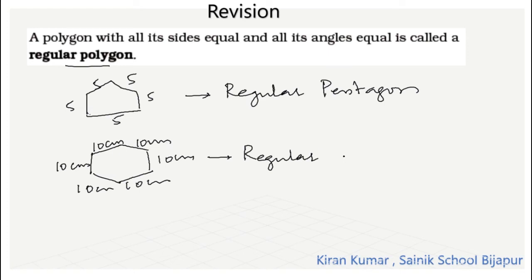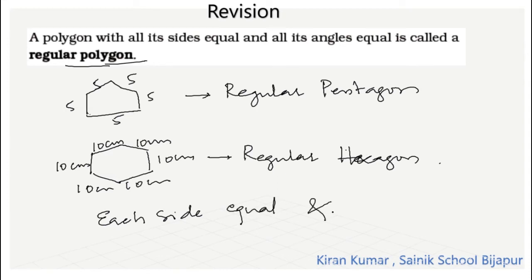The number of sides is 6, so it is called a regular hexagon. Remember, for a regular polygon, each side will be equal, along with that, each angle is equal. Angles will be equal and the sides will be equal.